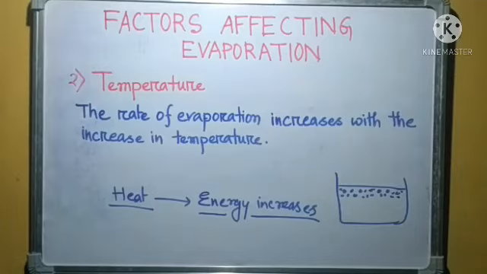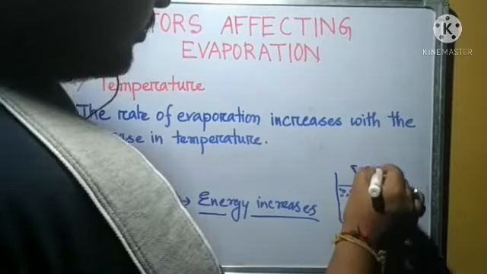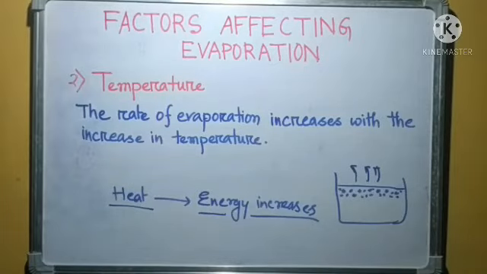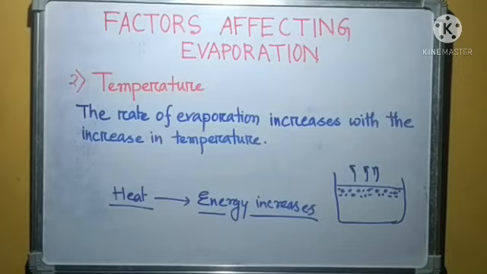A particle can move to the gaseous state when it has energy higher than the force of attraction between the particles. Suppose if the temperature is lower, two particles have higher energy; when the temperature is more, 4, 5, 6 particles do.